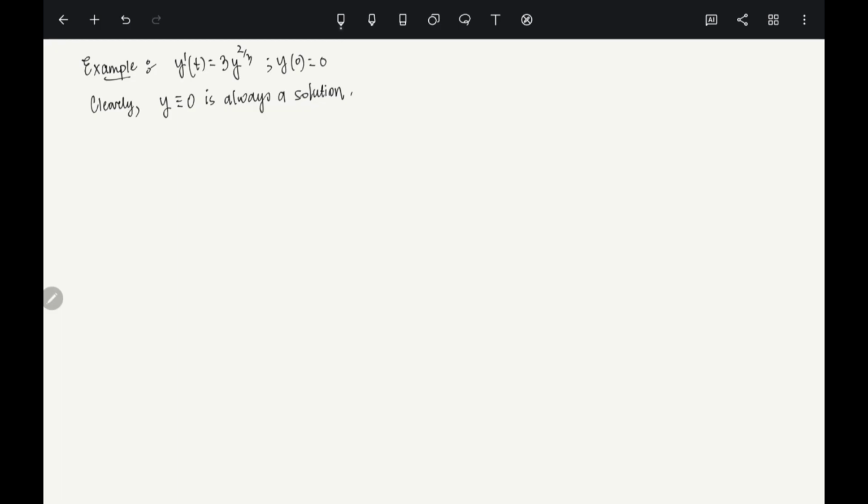Now you see also, let's call another one, y1 of t equals t cubed also solves the equation. You can easily check, so please check this part, that y of t equals t cubed also satisfies the equation.